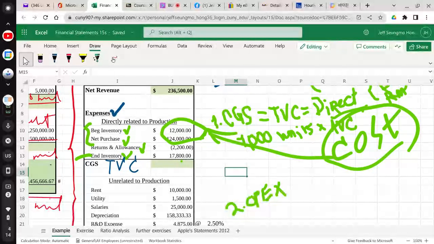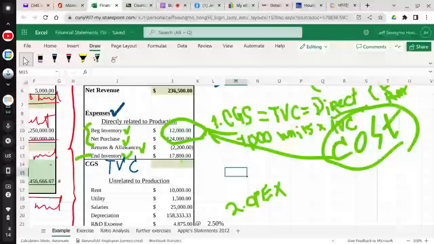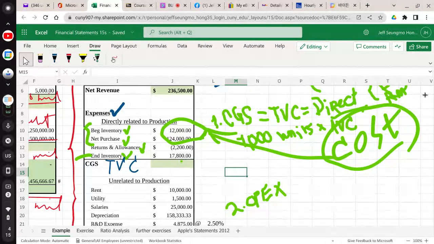But for CGS, what should happen so that CGS would be a relevant number? CGS is not something that happens, it's just a result. So what happens for the CGS to result as a result of that activity?